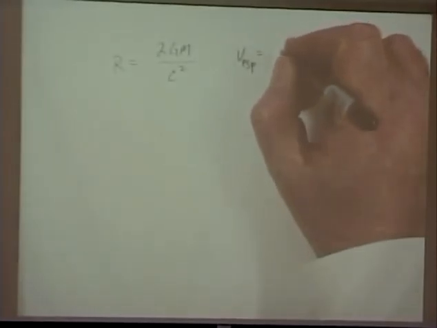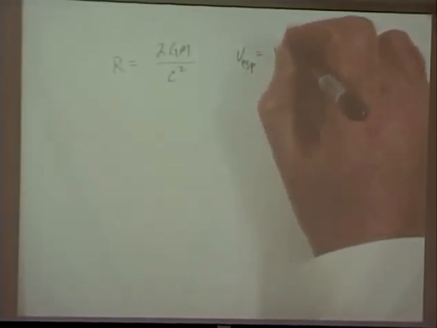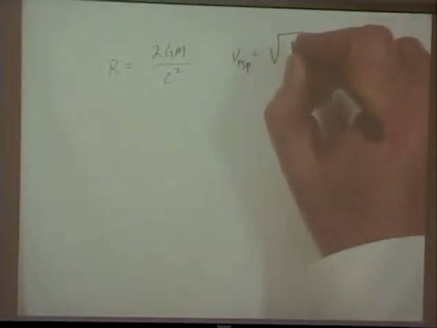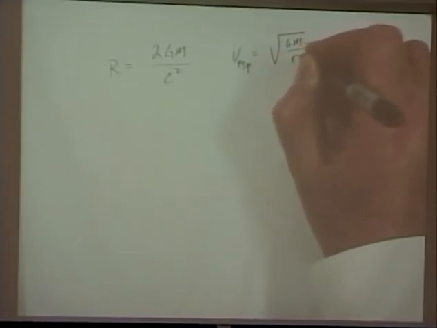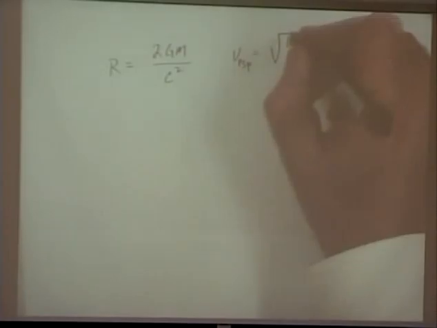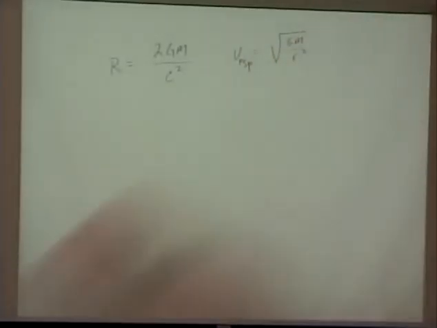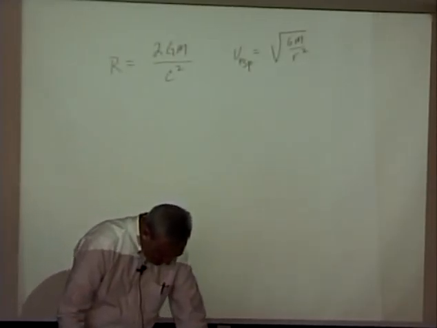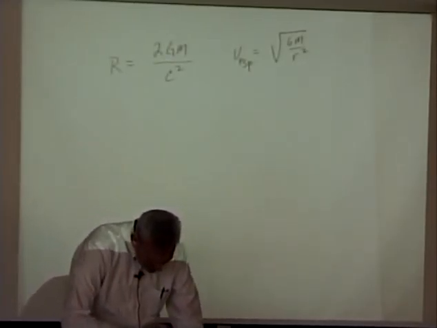And they base that on escape velocity, which was the square root of GM over r squared, right? Yeah. Well, what was it? I better double check here in the book, real quick. Sorry. Oh shoot!